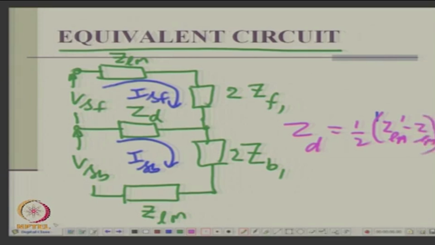ZLA dash will be auxiliary winding resistance, leakage reactance plus any external capacitor that you connect. Now, if they are totally identical windings, what will be ZD? If main and auxiliary windings are same, symmetrical, ZD will be 0. So, this will become a short circuit.